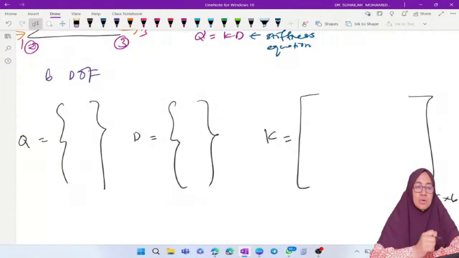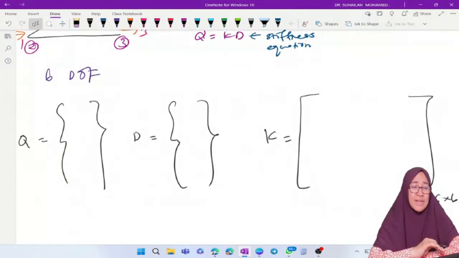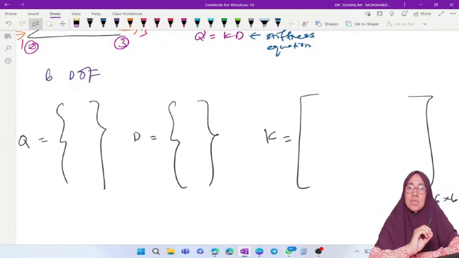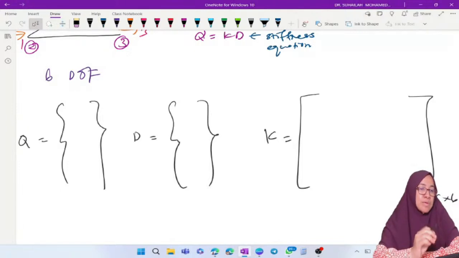The size of the matrix is based on the degrees of freedom in the truss, so it depends on the number of nodes.